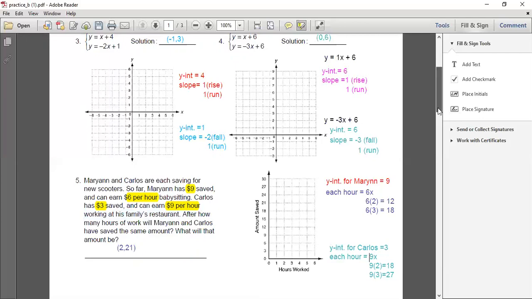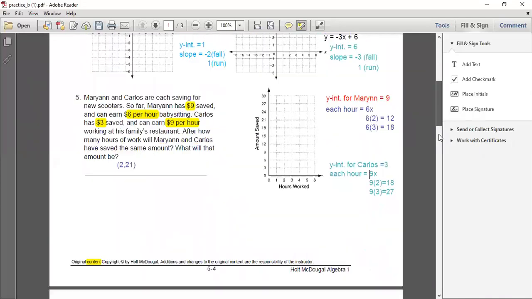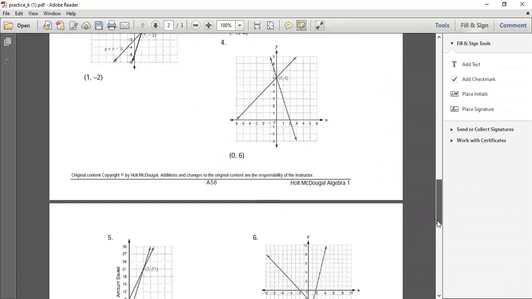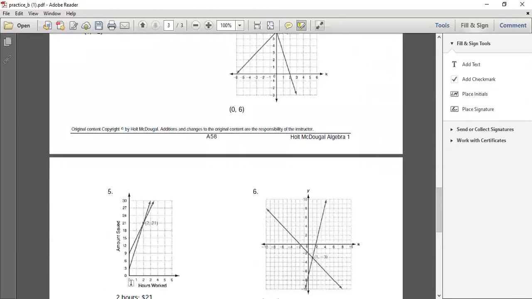Okay, now if you use this and draw a graph, your graph will be something like this, because the y-intercept for Marian was 9, and the y-intercept for Carlos was 3. From the equations I wrote up, in 2 hours, how much can Marian earn?